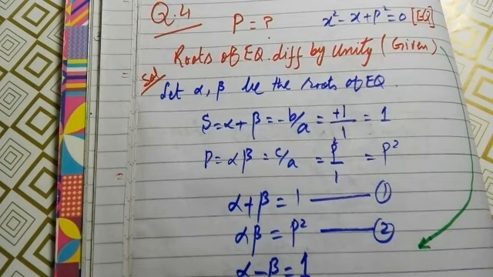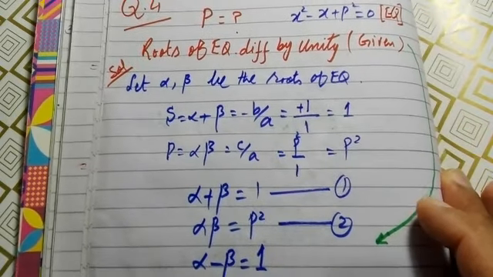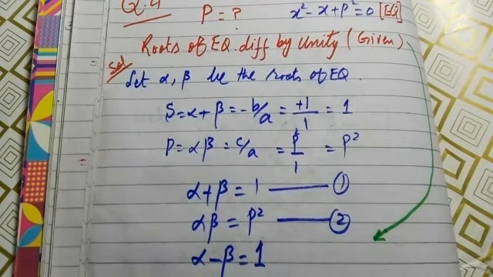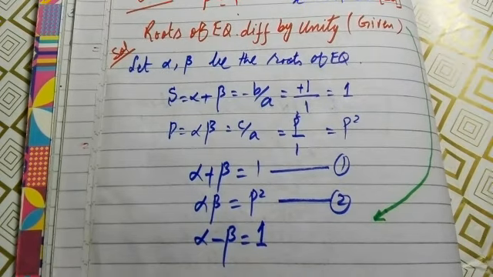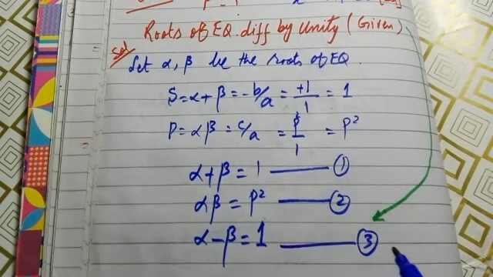So according to the statement of the question, alpha plus beta will be equals to 1 and alpha beta will be equals to p square. This is because of sum of roots and product of roots. But alpha minus beta, this is written in the red color, the roots of the equation will differ by unity. Unity means 1. That if you do the difference of alpha and beta, the answer will be equals to 1. You should label it as equation number 3. This was the given information.